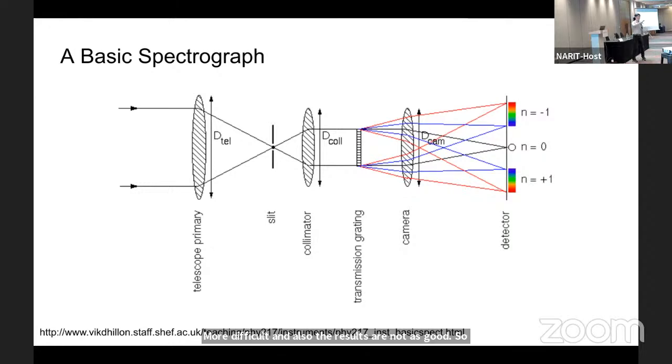So usually you collimate the light, bring it back to this parallel beam before you pass it through a prism or a grating. And then after that, the light is still collimated, so you have to bring it back to a focus. And this is done with another piece of optics, usually referred to as a camera. In some spectrographs, you can just use a commercially available camera lens to do this.